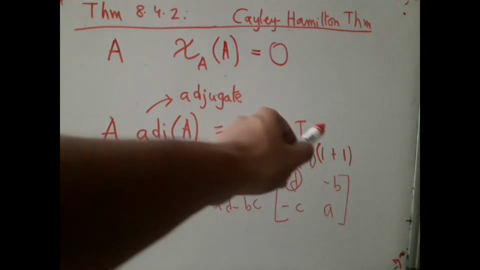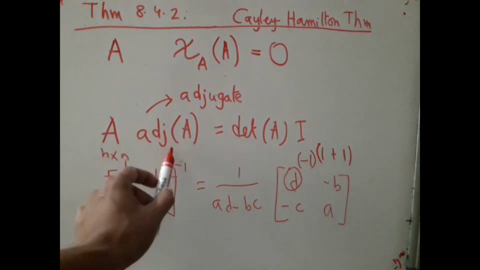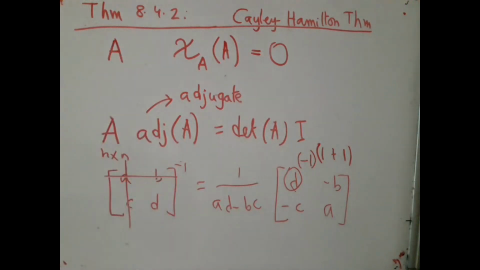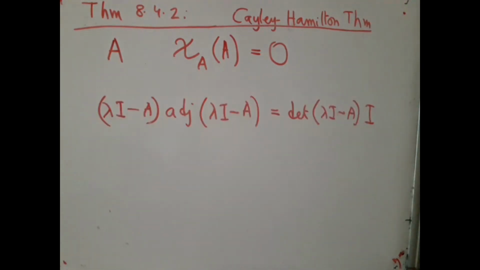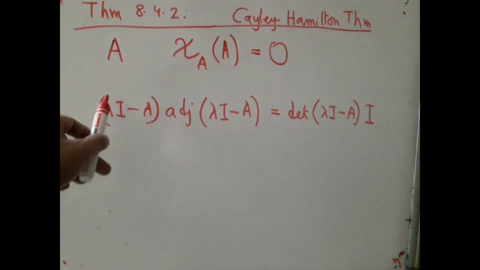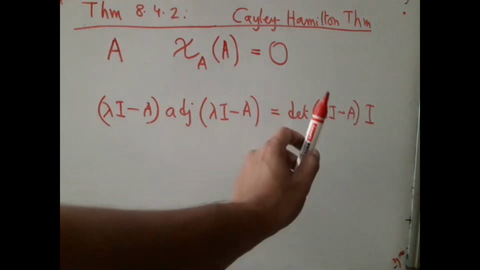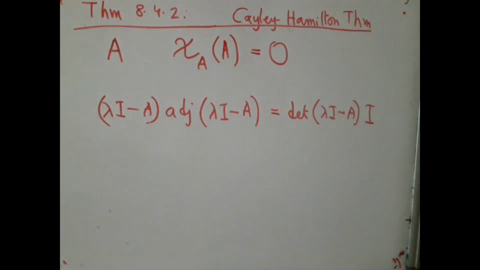So this is a very standard, frequently used result, and we are going to make use of this in order to prove the Cayley-Hamilton theorem. So by that theorem, we get this. Instead of A, I am working with lambda I minus A: lambda I minus A times its adjugate will be its determinant times identity.